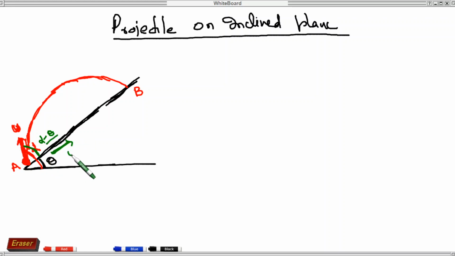So the component along the plane will be u cos(alpha minus theta). And what would be the component perpendicular to this plane AB? This will be u sin(alpha minus theta).